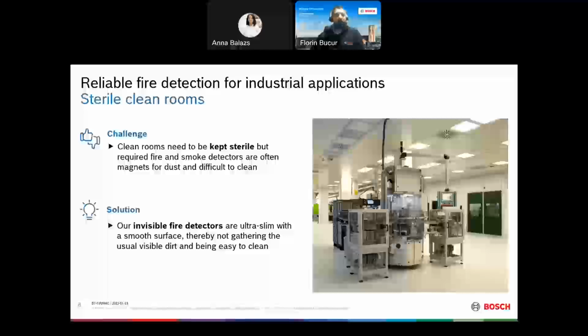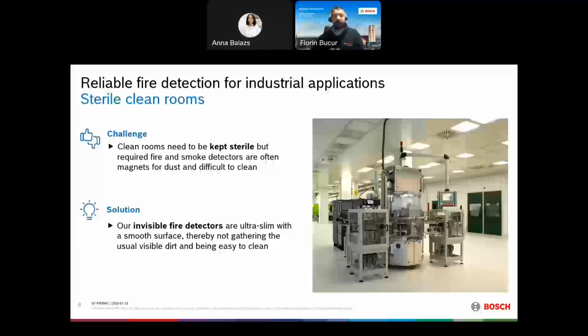Next, for example, we can have sterile clean rooms, especially in the pharma subvertical. And here again, the challenge is to not have any risk of dust accumulation, and usually point detectors are a point where dust is accumulated.